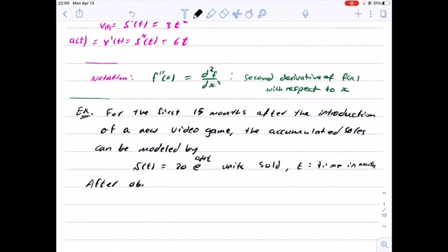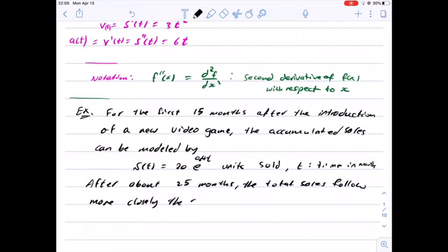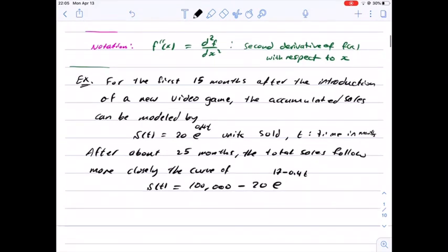After about 25 months, the total sales follow more closely the curve of the function s of t equals 100,000 minus 20e to the power 17 minus 0.4t.